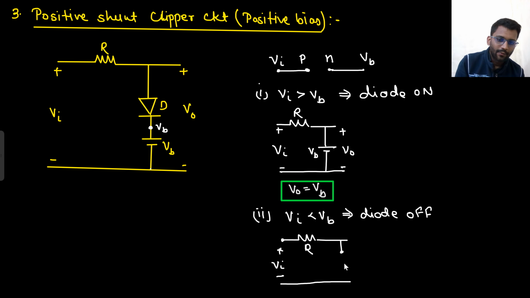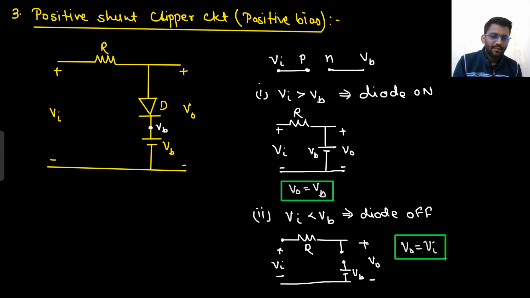Here the diode will be off. This potential was VB there. So what will be the value of output? This is your V out, right? So V out will simply be equal to V in only. Did you say output will be equal to V in minus VB, or only V in? Output will be equal to V in only, right? Not V in minus VB.